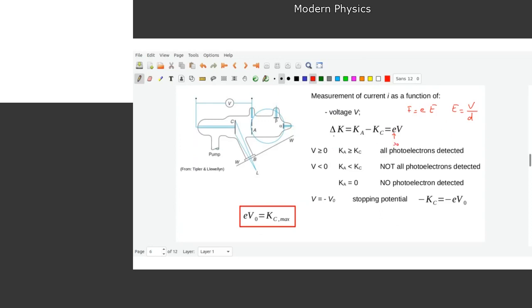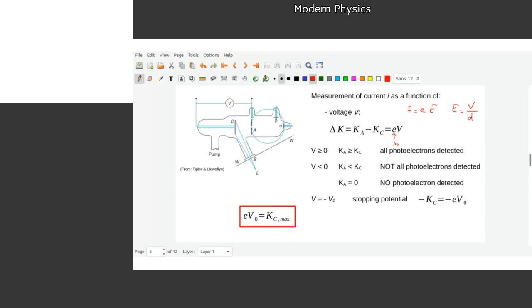And so the variation of kinetic energy has the sign of the voltage. So if the voltage is positive or 0, this means that the final kinetic energy is bigger than the initial one, and so you accelerate the electrons.